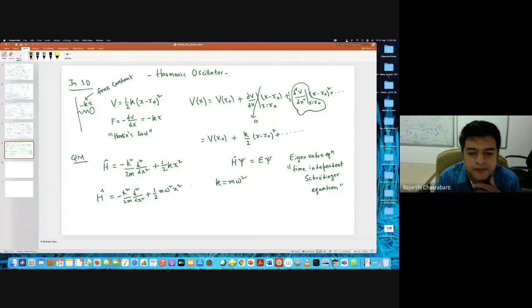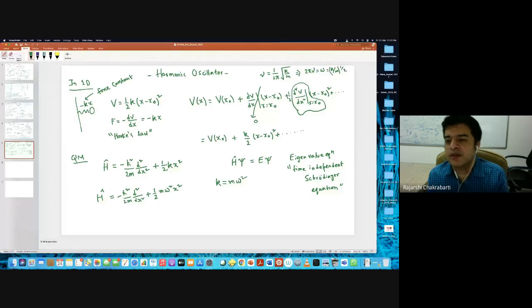You remember this? How many of you? Because if I go to classical mechanics, you get nu equals 1 by twice pi root over k by m, isn't it? So this basically means that twice pi nu, which is your omega, is given by k by m to the power half. And from here you get this.